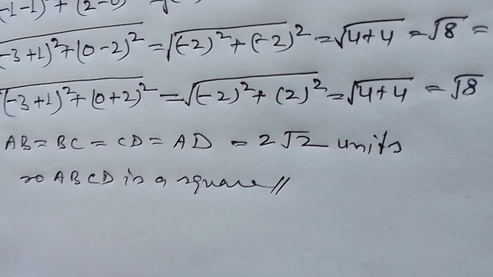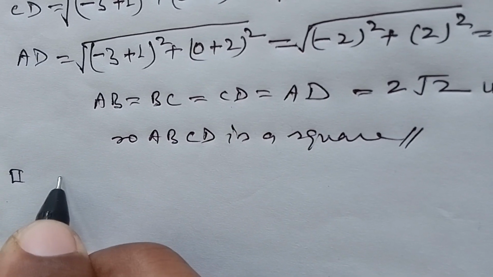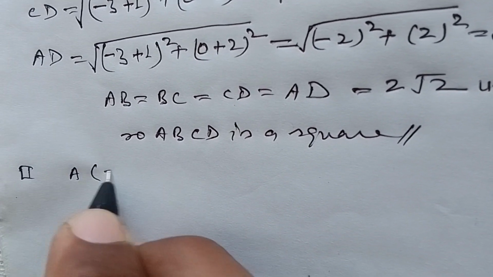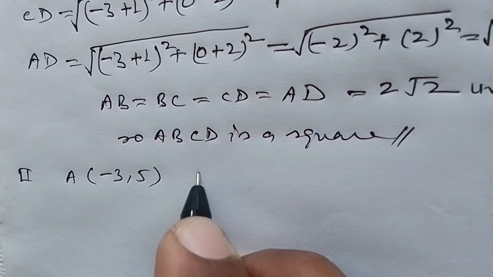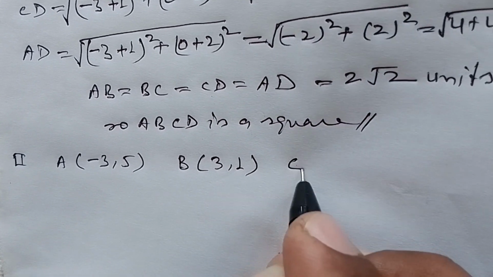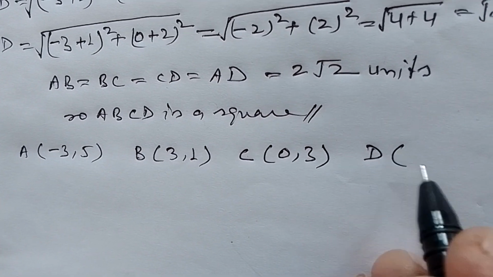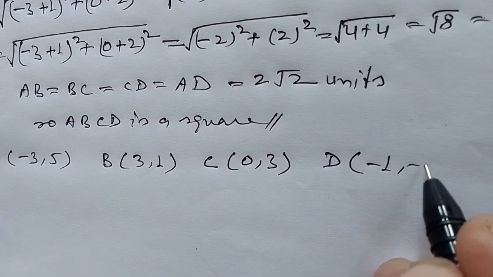Now the second part of the sixth question, whose points are A (minus 3, 5), point B (3, 1), point C (0, 3), point D (minus 1, minus 4).